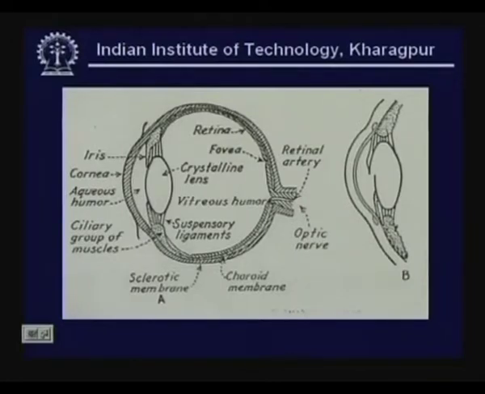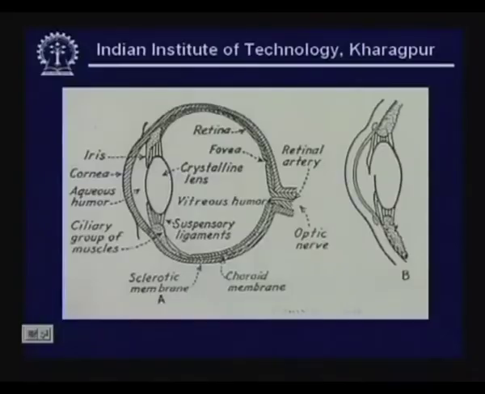It flattens for dim light and becomes convex for bright light. And three is the retina, where the image is formed, which is sensed or communicated to the brain through a set of double nerves, which are called cones and rods. A lot of cones are present at the fovea, which is the point of maximum sensitivity.